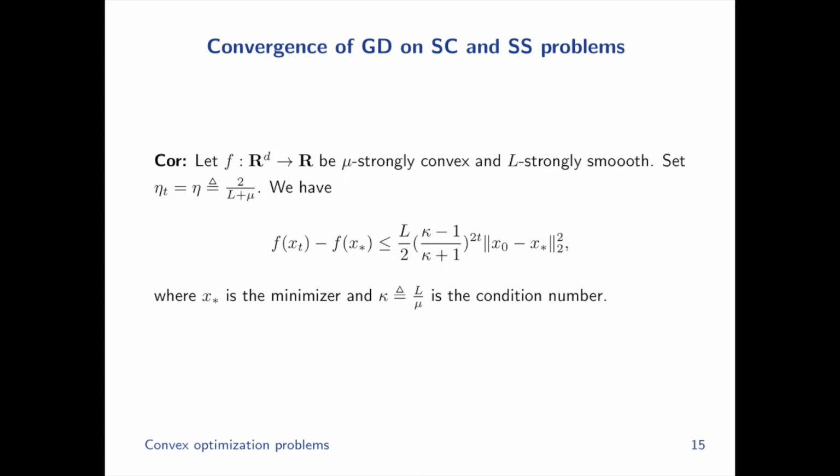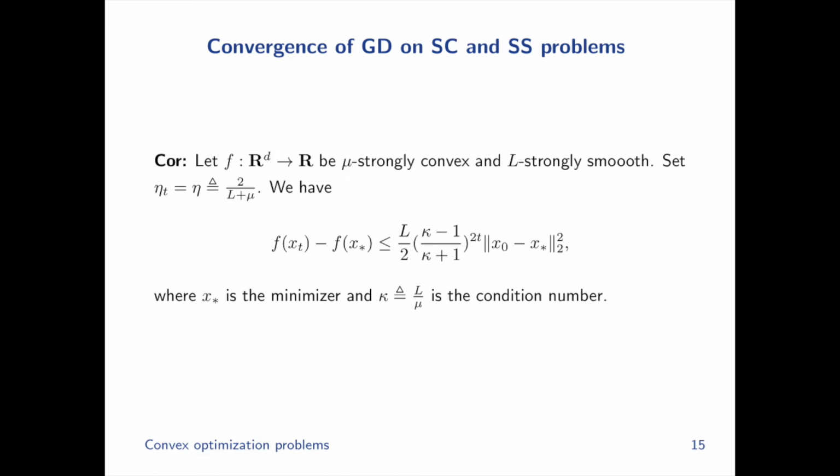If you think about geometrically what's going on, the strong smoothness and strong convexity assumptions mean that if I look at my objective function starting away from the minimizer, it's sandwiched in between two quadratic functions.